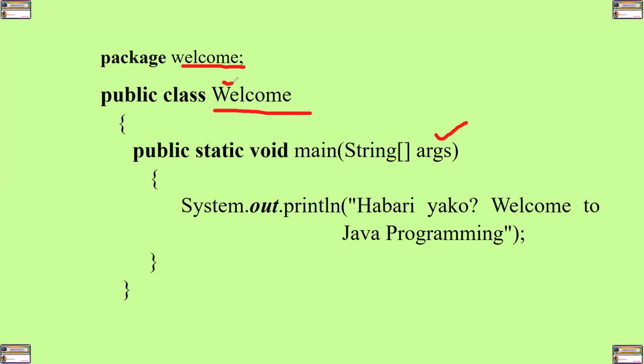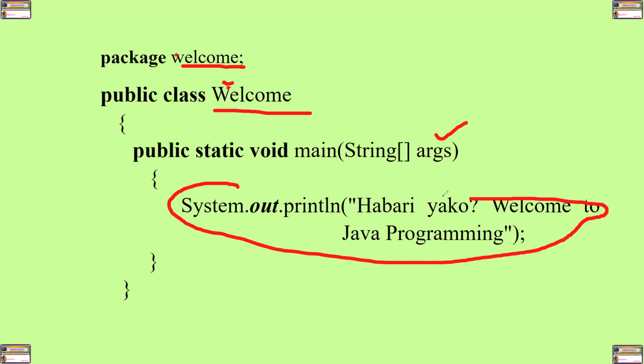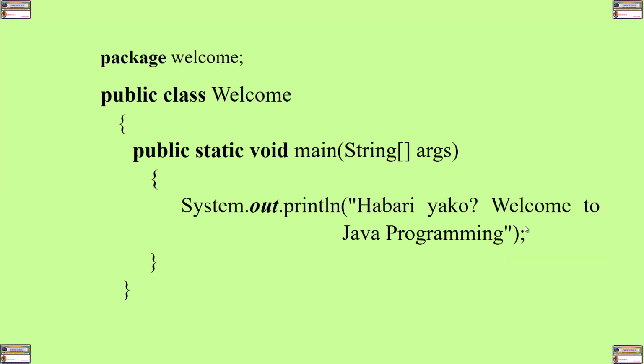And you can see there's a variation here and here, but this one is not a problem. However, it's good for them to match. So the only part that we're going to add in our program is this part here, system.out.println, habari yako, welcome to Java programming. So that's the only bit we are going to add in our program.